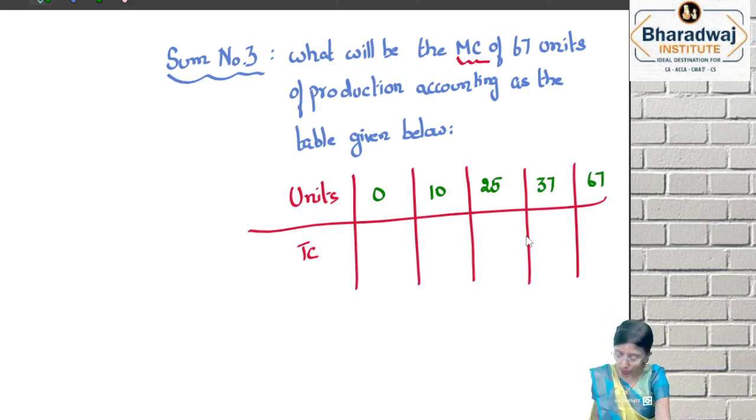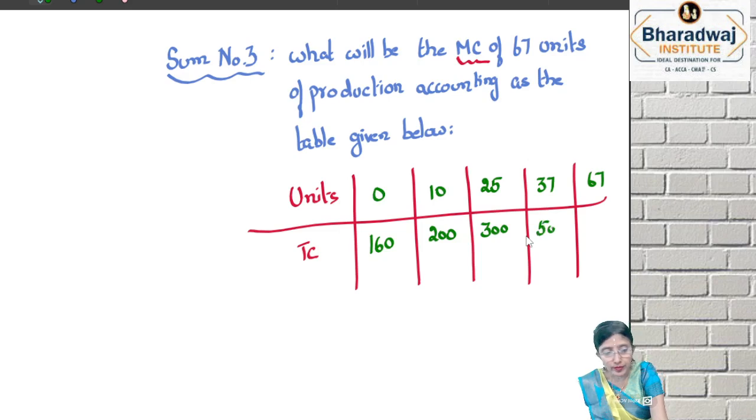All these are units. Remember, units of production, units of output. You can have it in any way, right? Now total cost. Total cost in rupees, you know that. I fill up the data given: 160, 200, 300, 500, 1400.